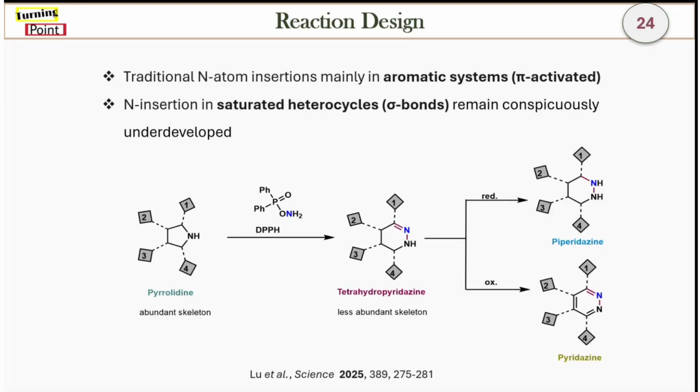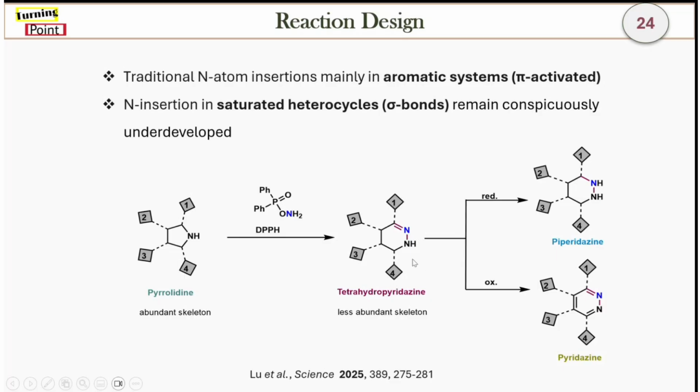For that they took this commercially available DPPH reagent, which is O-diphenylphosphinyl hydroxylamine. By using this reagent, they were able to insert a nitrogen atom into this pyrrolidine, which is a saturated N-heterocycle molecule, and they synthesized this tetrahydropyridazine molecule.